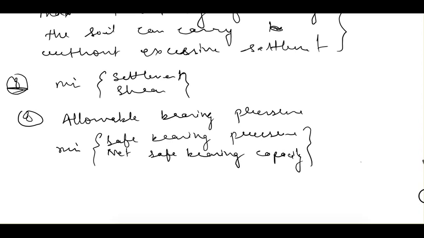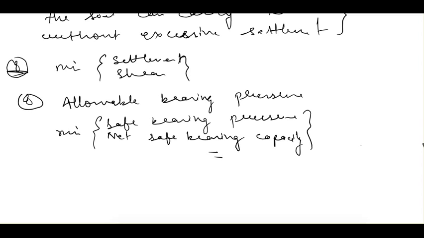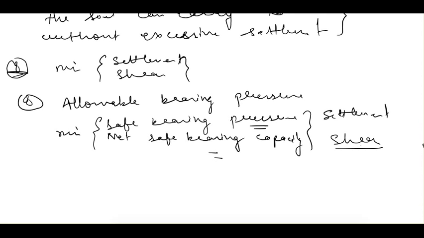So we'll take the minimum intensity or capacity of these two, from the settlement criteria and from the shear criteria, and use that as our allowable bearing pressure. That is also used by the IS code, and it is called allowable bearing capacity.